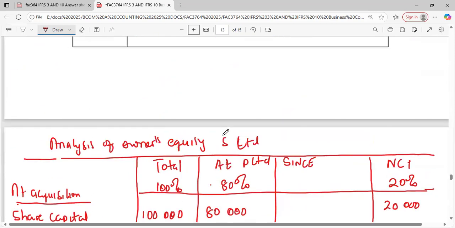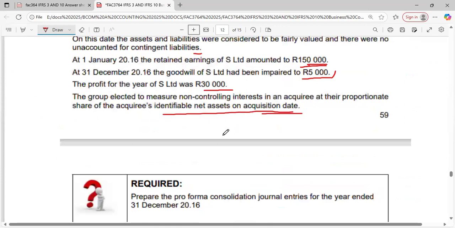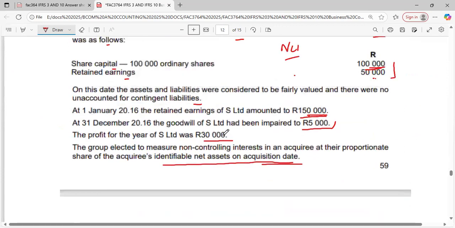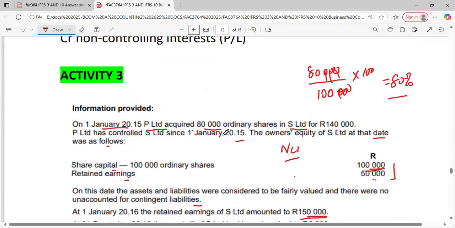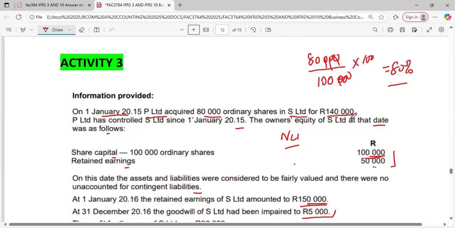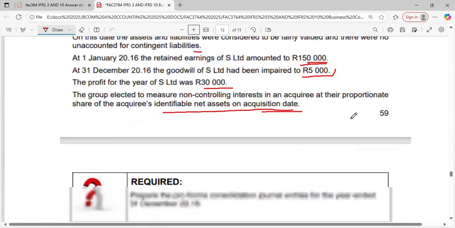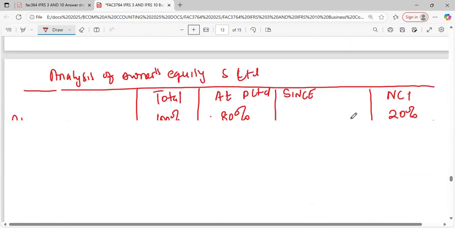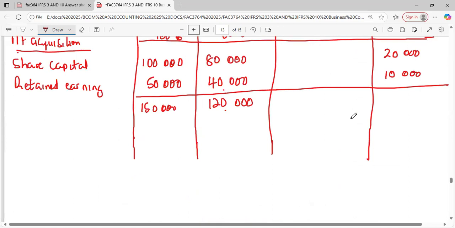This is how you determine your goodwill. So you look at how much was paid by P Limited to acquire these shares. They paid 140,000. So this is the consideration that was paid.